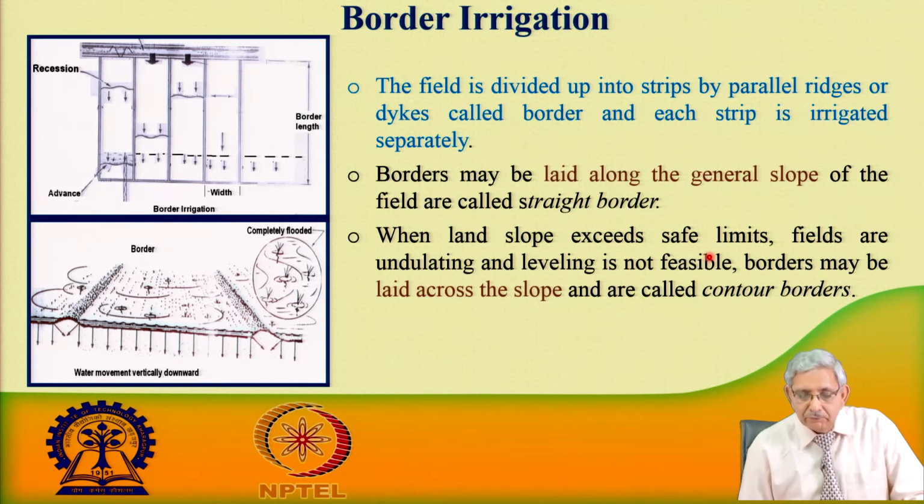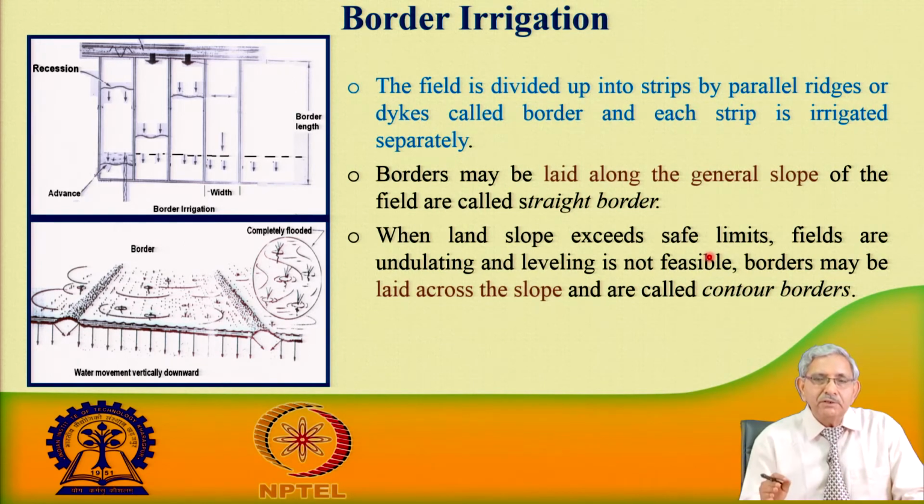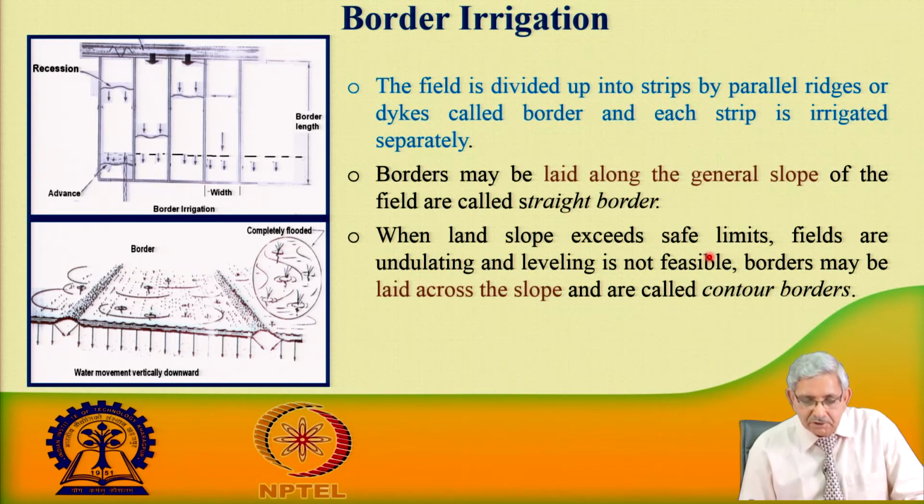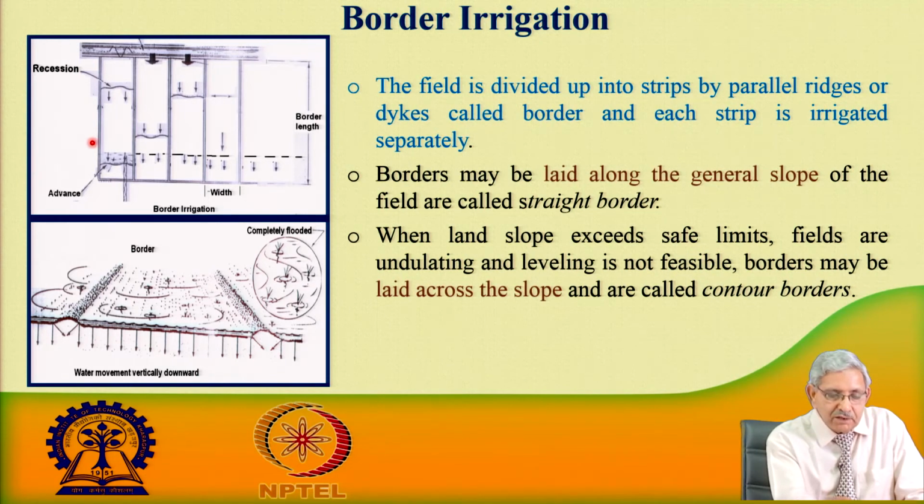Surface irrigation systems can be border irrigation, furrow irrigation, or basin irrigation. So, what is border irrigation? In a border irrigation system, the field is divided into strips by parallel ridges. This is one ridge, this is the second ridge, this is the third, this is the fourth, like this.